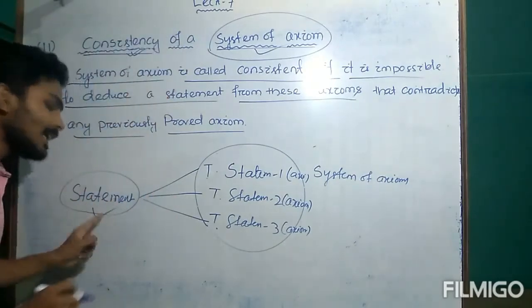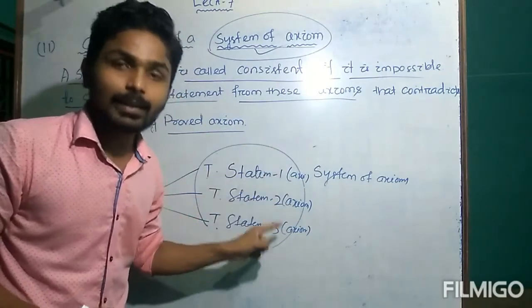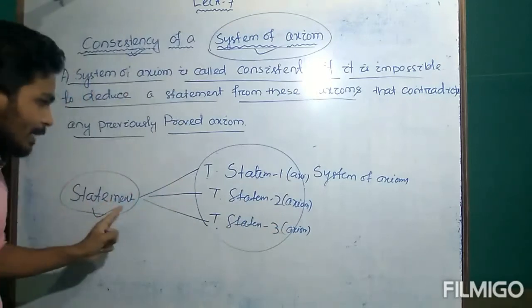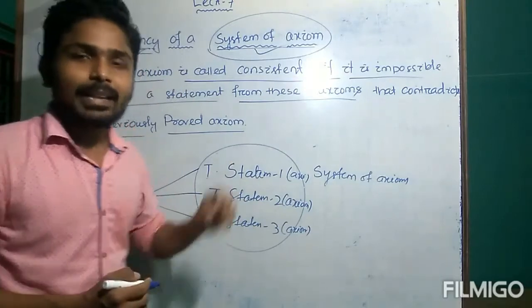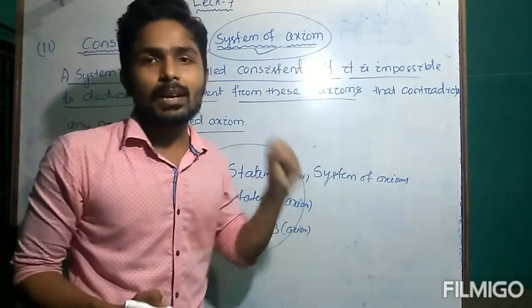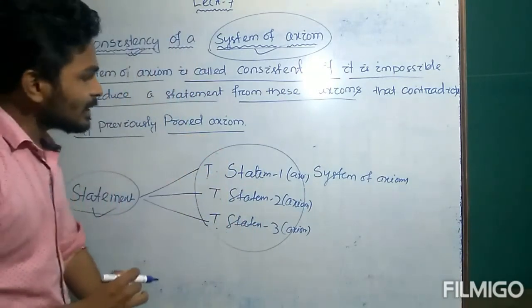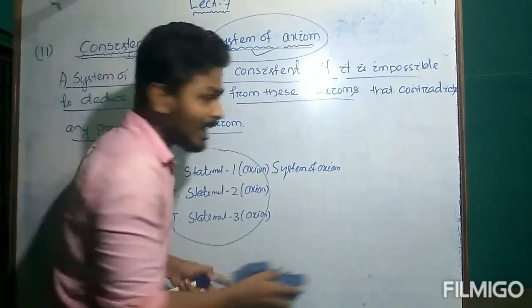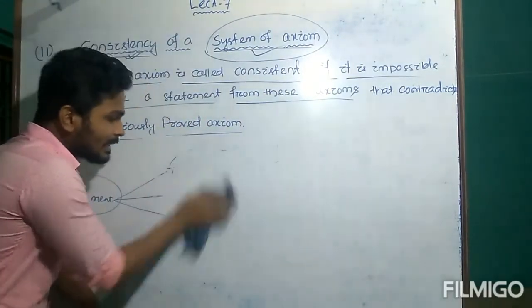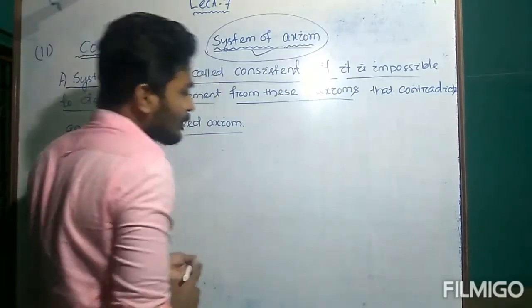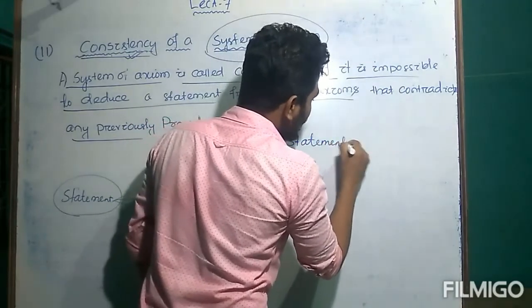If the statement that I deduce does not contradict all three statements, then such a system of axioms is called consistent. Let me tell you in detail. Suppose we have a system of axioms in which we have taken three true statements.